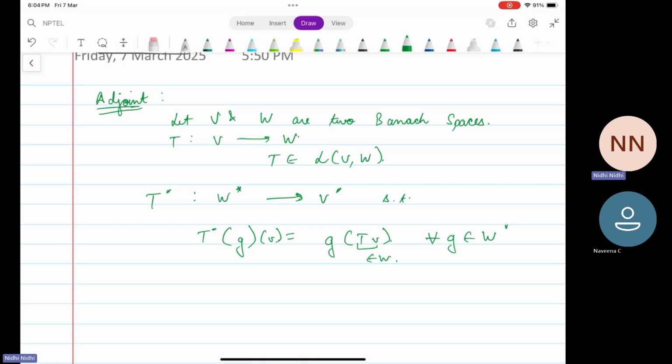So let's do some problems related to the adjoint of an operator. Mainly they are basic properties that we will be proving.